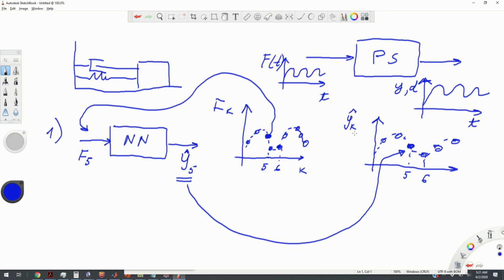So if this is the true value of the system output, that is the true value of displacement, your neural network should produce the estimates.